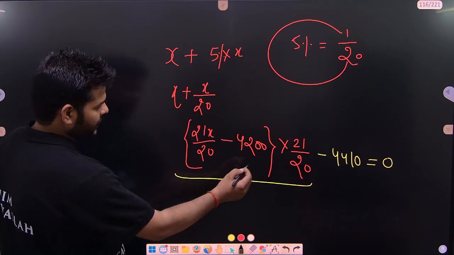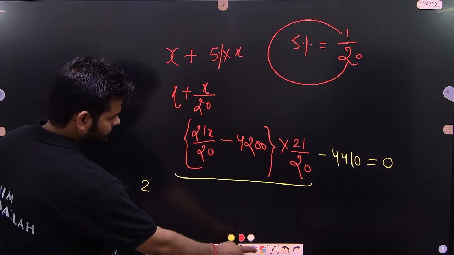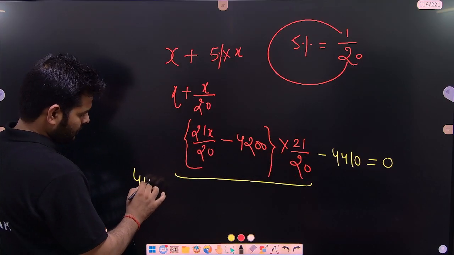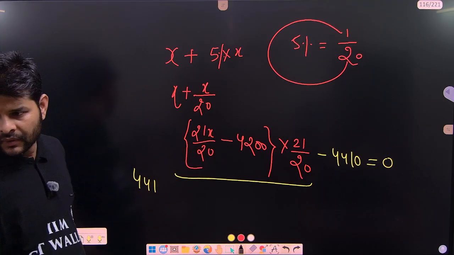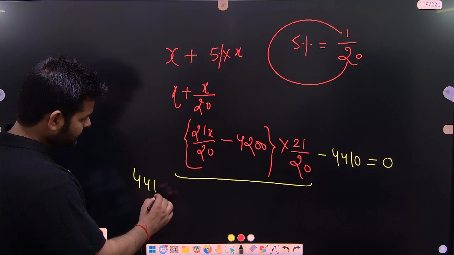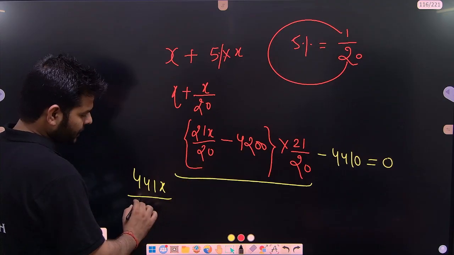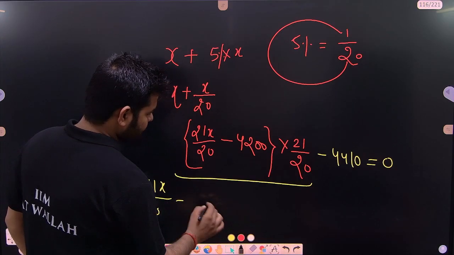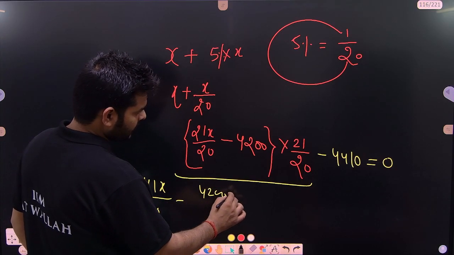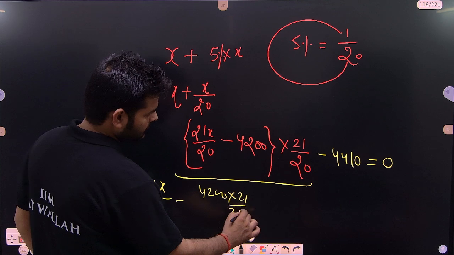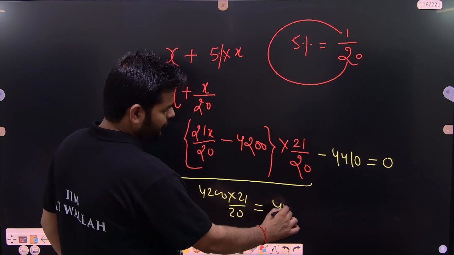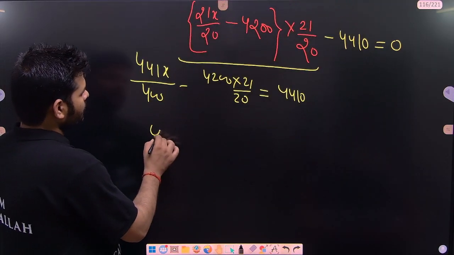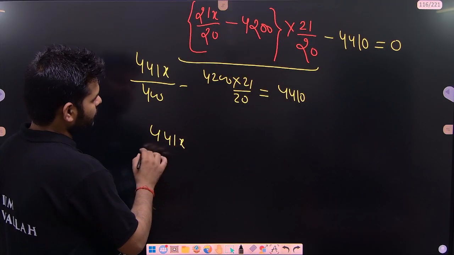Now you will solve, you will get the answer. From here you need to multiply that value over here. 21 into 21, 441, x upon 20 into 20, 400, minus 4,200 into 21 upon 20, the rest value would be 4,410 upon 400.